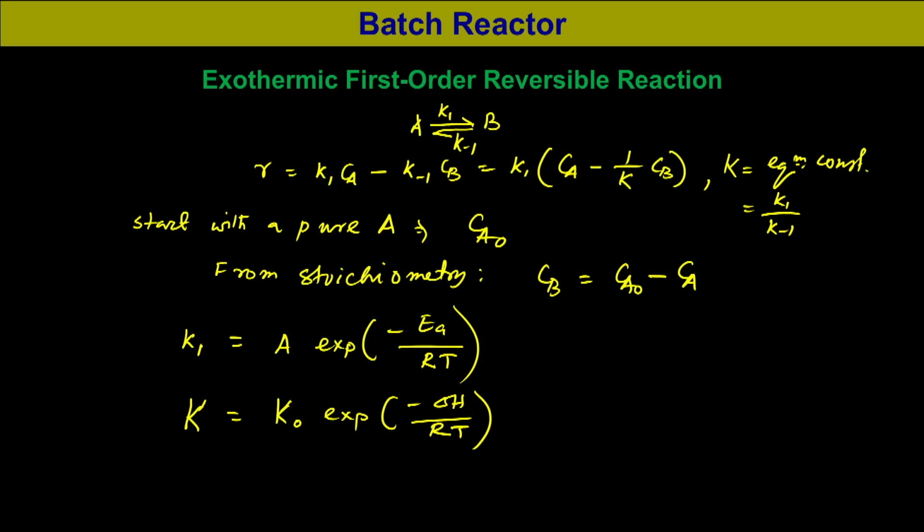If we start with pure A, that means the concentration of A at the beginning is Ca naught. So, from stoichiometry we can write Cb is equal to Ca naught minus Ca. Now, the forward rate constant and the equilibrium constant we can write in terms of the Arrhenius relation.